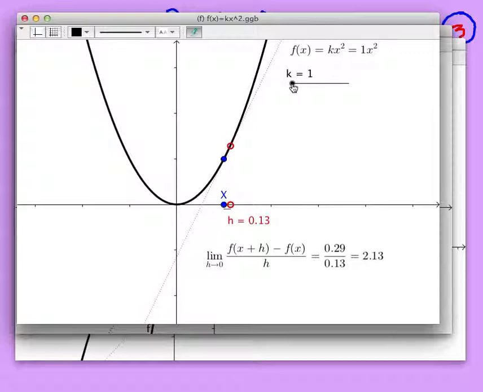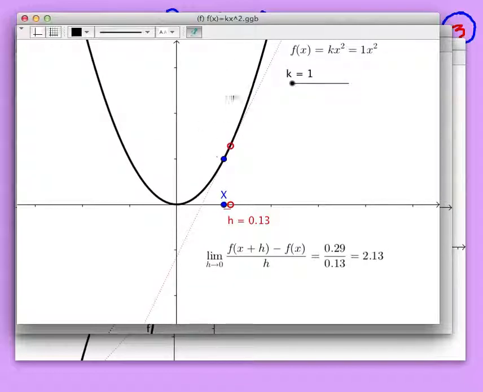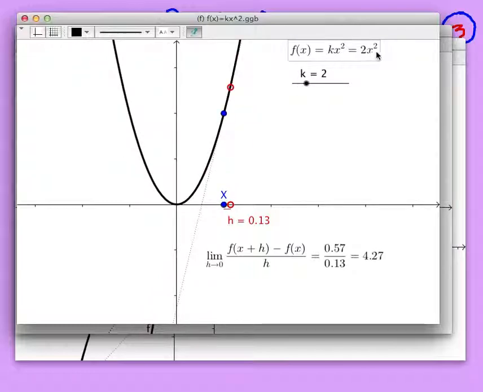And as we change k, if k is 2, what's going on in the function is the function rises twice as quickly. So for every x you put in, you double the output, basically. So this thing is twice as steep. And if k is equal to 2, notice that my derivative, which was approximately 2, is now approximately 4.